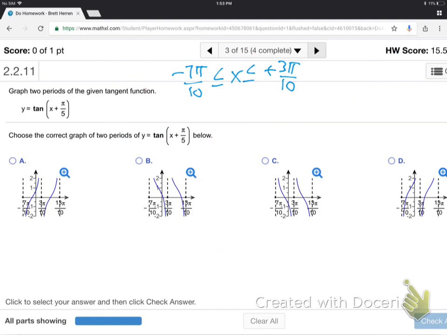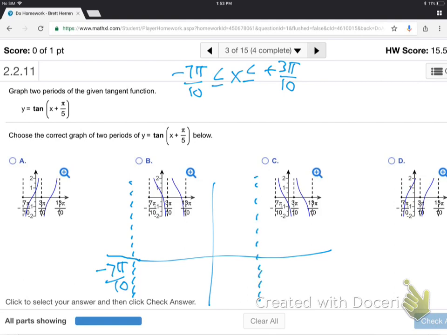And so when we go to the actual graph, I'm going to go pretty far left, -7 pi over 10, and then just a little ways right, positive 3 pi over 10, and put a snake in the middle. Like that. Now the snake is right in the middle of those two lines, which is not at the origin. Everybody seeing that? I don't really care where it is. You don't have to find that point. It's just not at the origin. You just got to do the best graph you can to answer the multiple choice options.